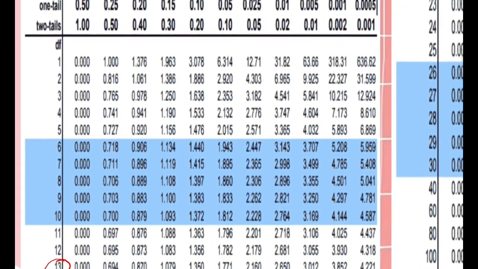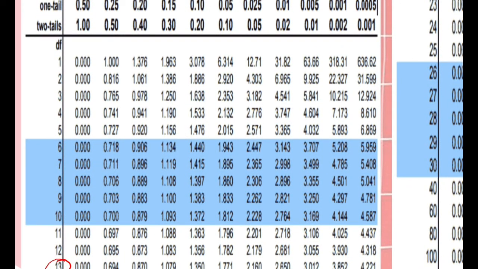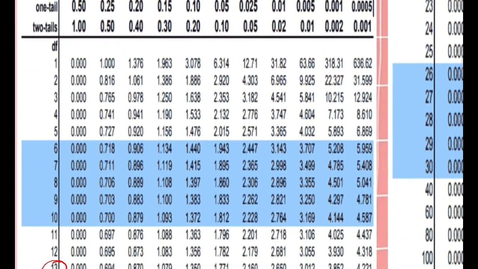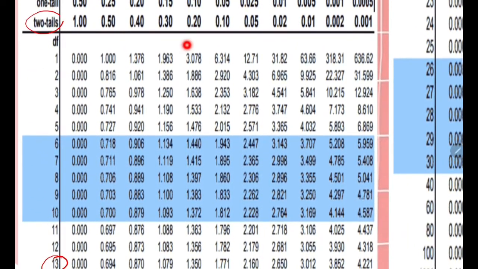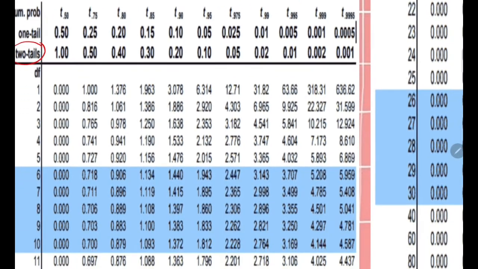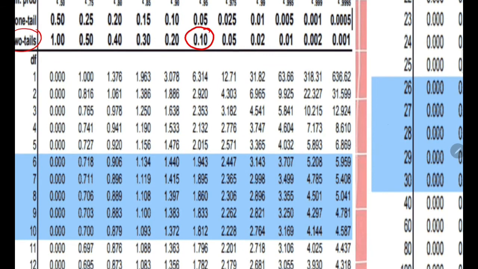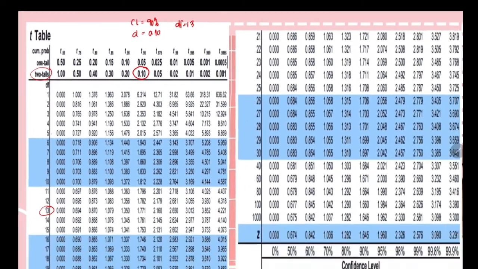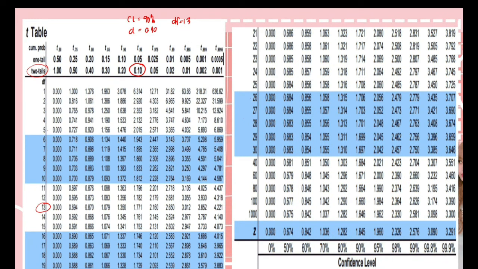So, saan tayo titingin? Since wala naman sinabi kung one-tailed or two-tailed, at alam naman natin na ang level of confidence is 90%, so dito po tayo titingin sa two-tailed. So, we have 0.10. Ito po ngayon yung 0.10. Okay. Then, last step, hanapin daw natin yung ating intersection.